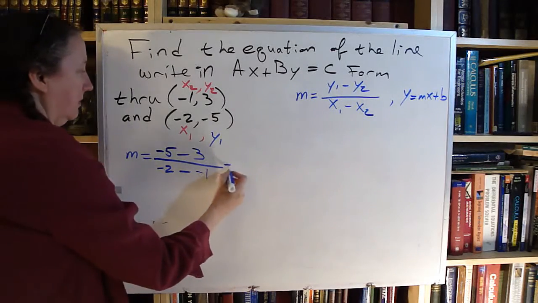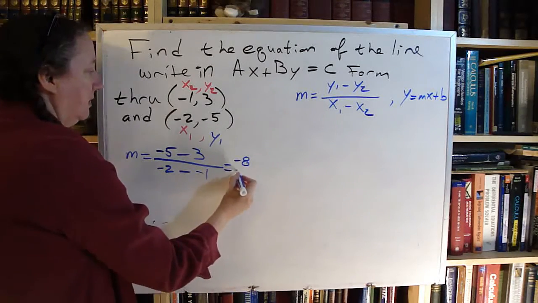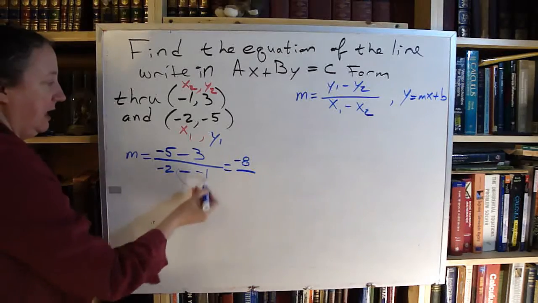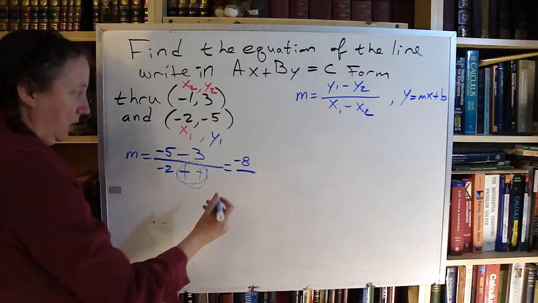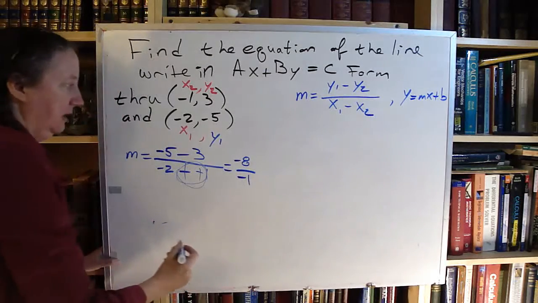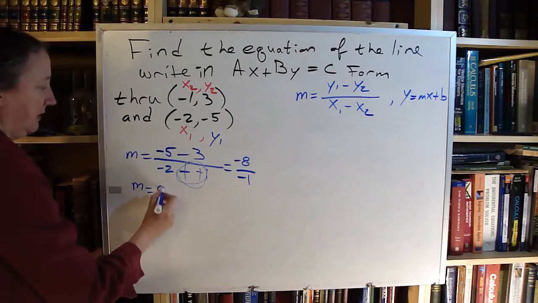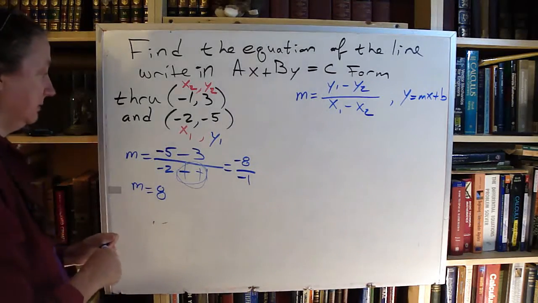Work it out. Negative 5 minus 3, negative 8. Negative 2 minus negative 1. I have that double negative there, so it becomes plus a positive, so negative 2 plus 1, negative 1. So my slope is positive 8. Feel free to grab your calculator.